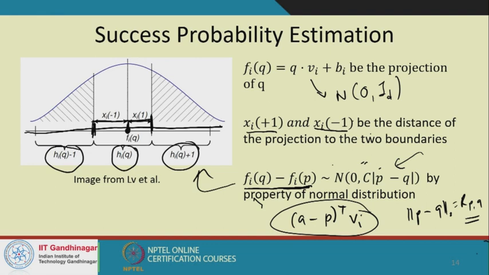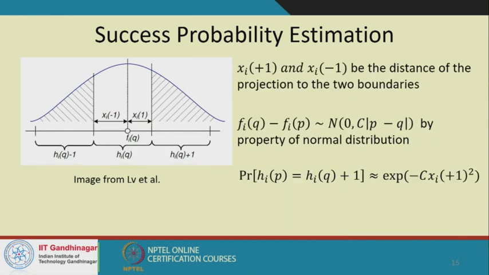What you can now intuitively see is that the probability that f_i(P) lies in the bucket h_i(Q) plus 1 will depend on the distance x_i(plus 1), and the probability that it lies in the bucket h_i(Q) minus 1 will depend on x_i(minus 1). Let us do this formally, and by doing so we'll be able to estimate the success probabilities of each of the buckets h_i(Q) minus 1 and h_i(Q) plus 1.